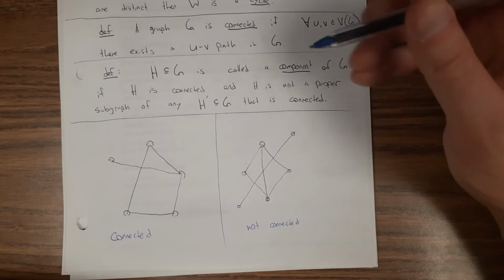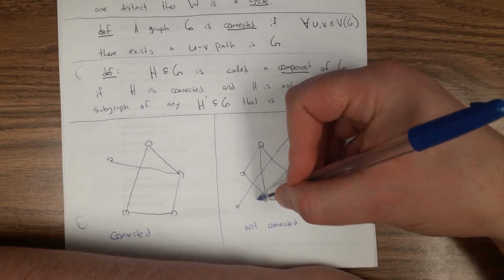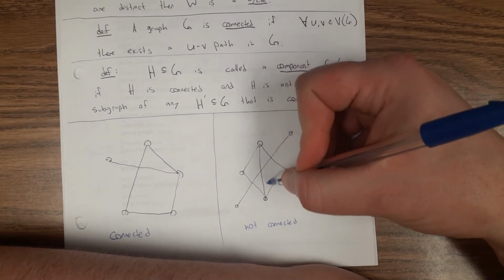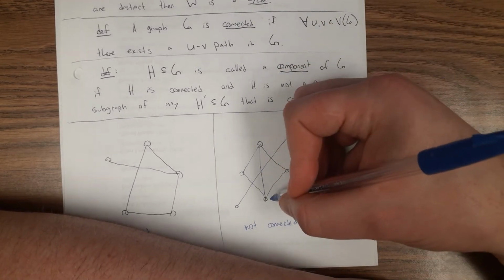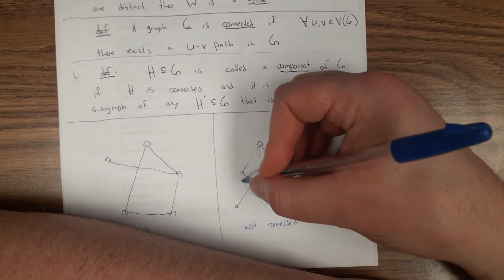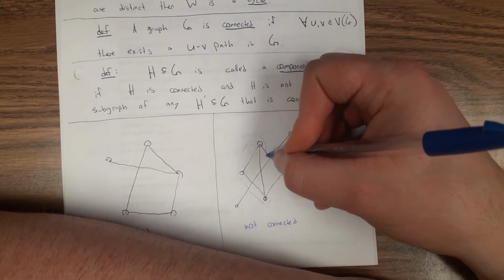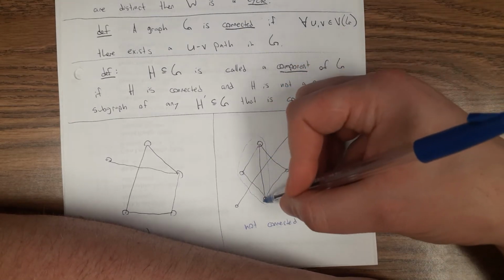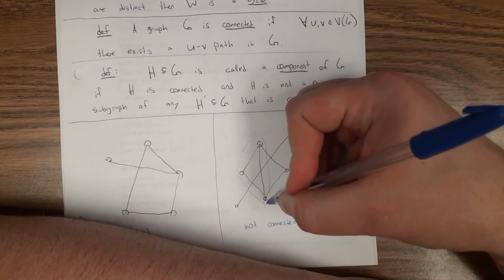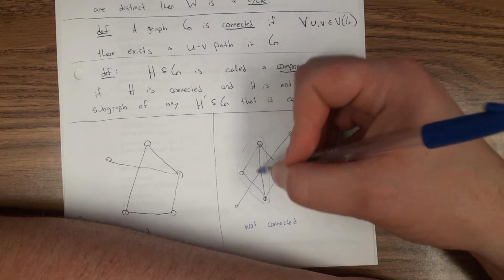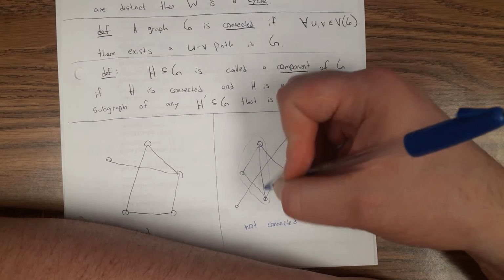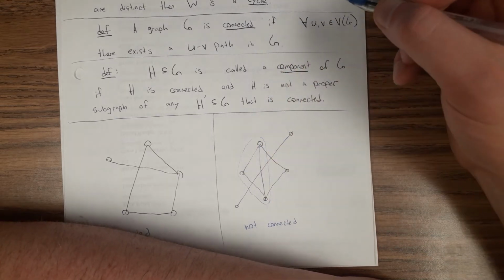By the way, what if I were to circle these three vertices? Actually, maybe I don't want to do too much, but I'll go ahead and do it. If I circle just these three, the part that I drew a bubble around, this is a connected graph. This is like a triangle. These three make a triangle.